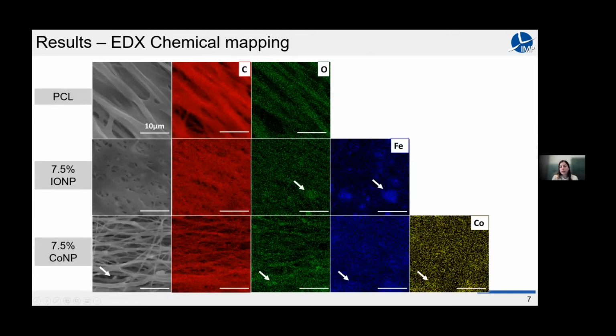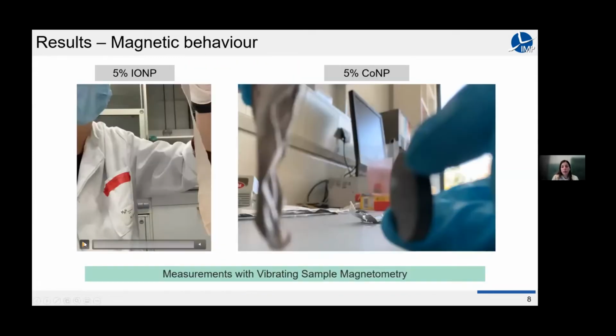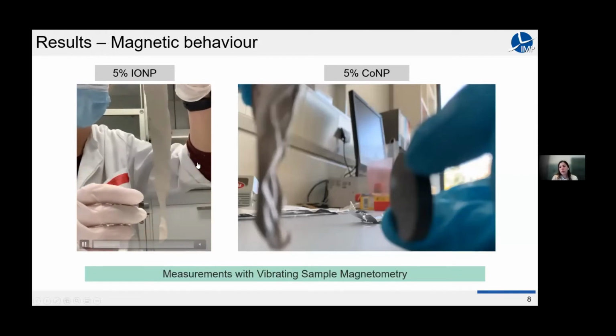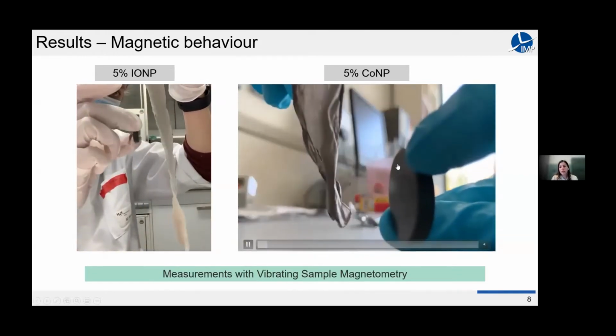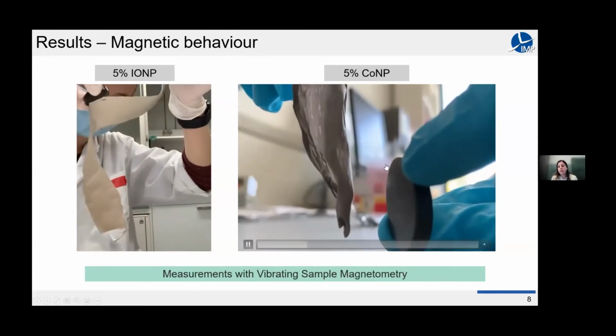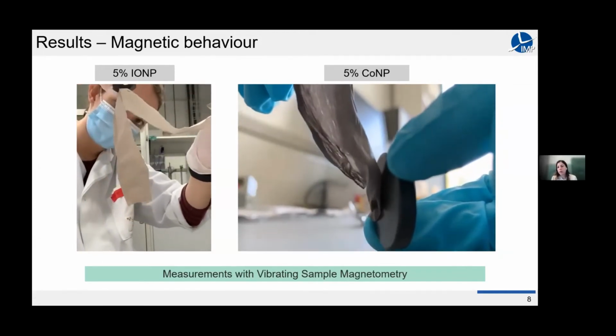With the chemical mapping, we found that the dispersion of the particles was somehow uniform in all the scaffolds, as we can see here in the iron. And of course, where we have agglomerates, we have higher concentration or more intensity of the iron. Here you will see the magnetic attraction of the scaffolds, in this case of the IMP, and in this case of the CMP, to a normal magnet.